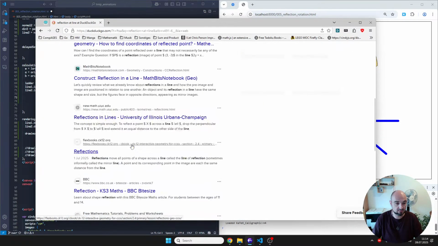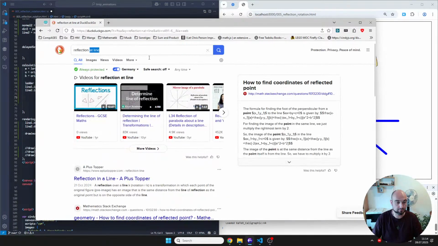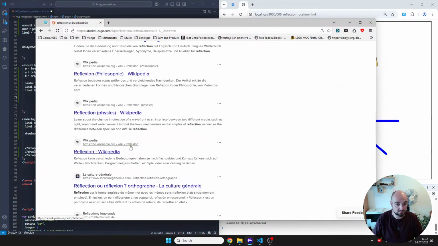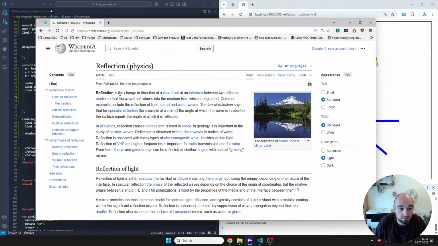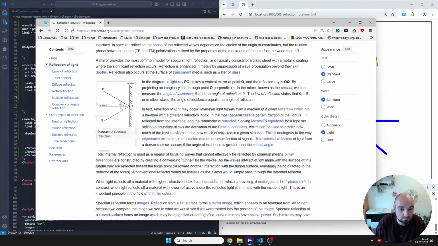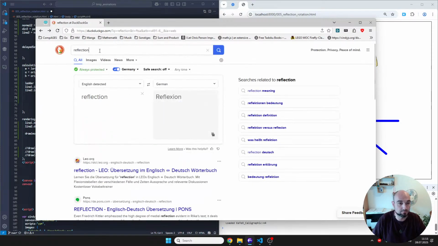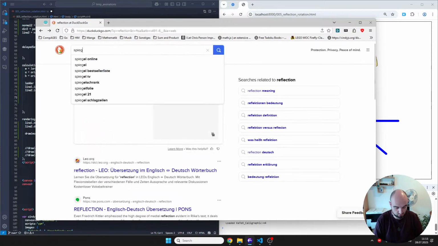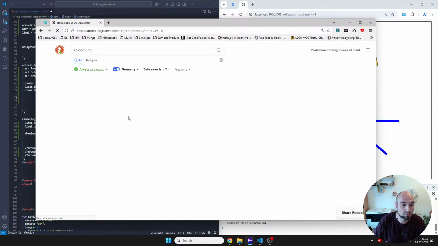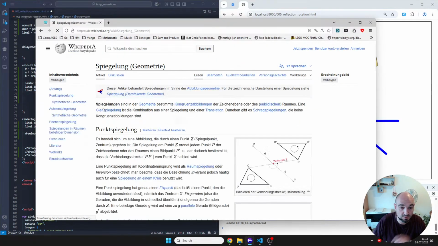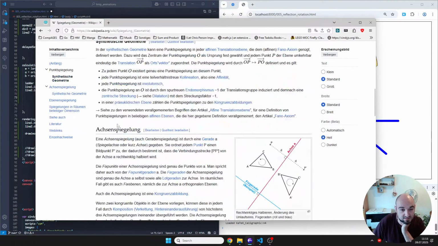How to find reflection. Let's copy it from Wikipedia. Spiegelung, Mathematik, Geometrie. Fantastic.